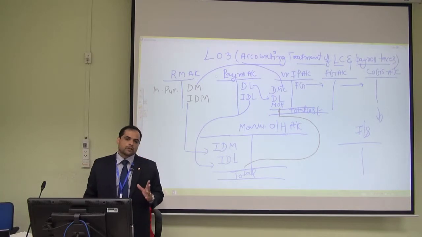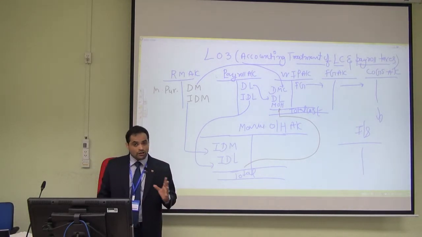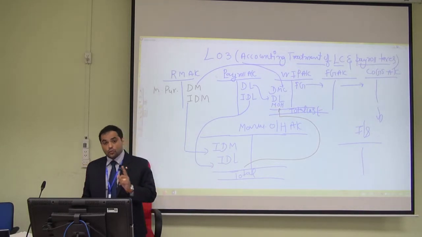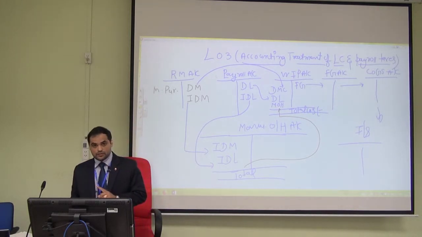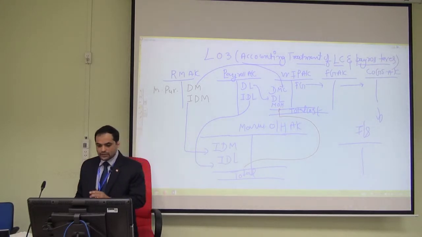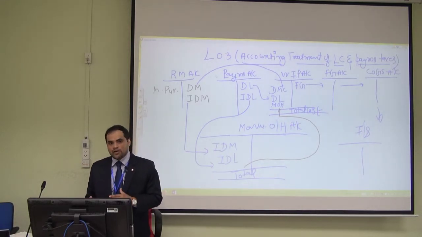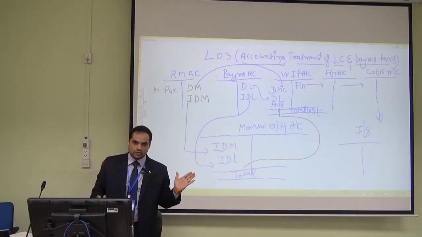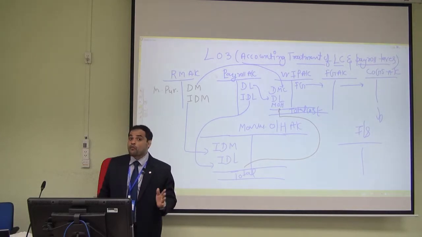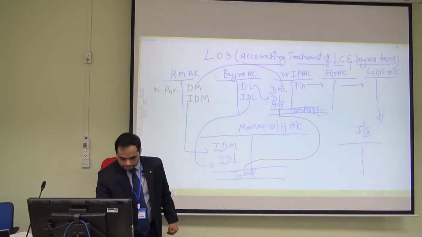Keep in mind, indirect labor will transfer to manufacturing overhead and direct labor will transfer to work in process first. That's the basic accounting treatment. Now we focus on direct labor and indirect labor, because materials belong to the last lecture that we already covered, and overheads is the next lecture next week.